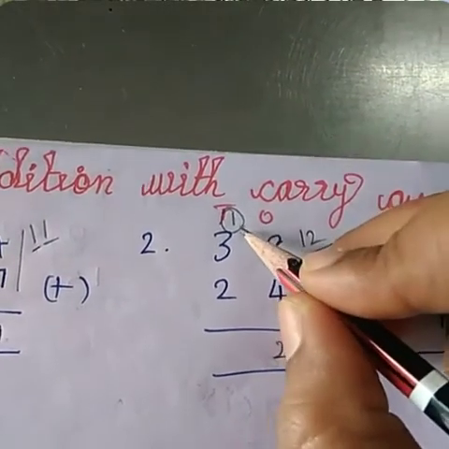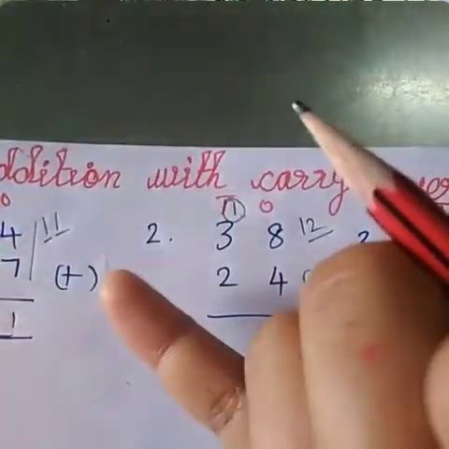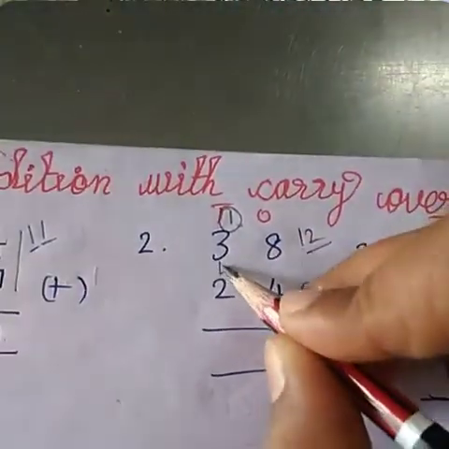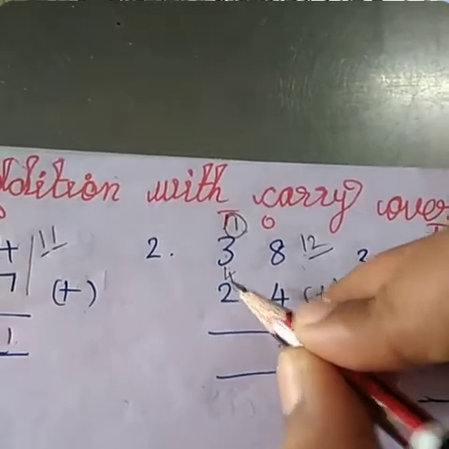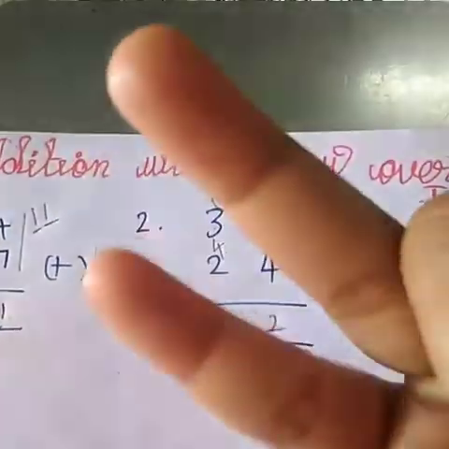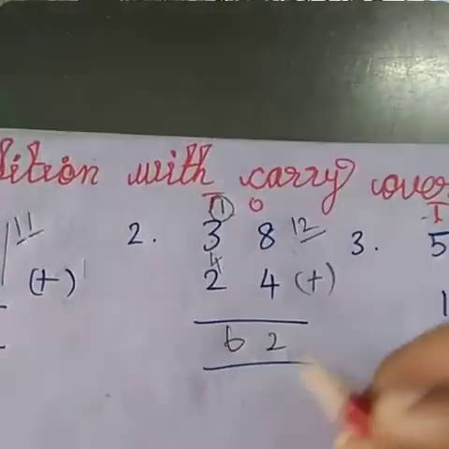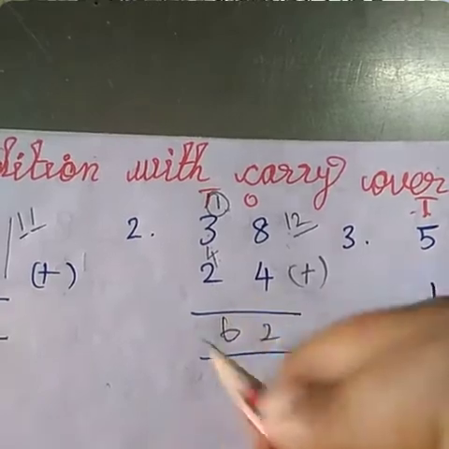Then add these numbers: 1 in the mind, 3 on the finger, 1 after 2, 3, 4. Put 4 in the middle of these two numbers. Then add the other two numbers: 4 in the mind, 2 on the finger, 4 after 5, 6, so 62. This is called the total. The total is the answer.